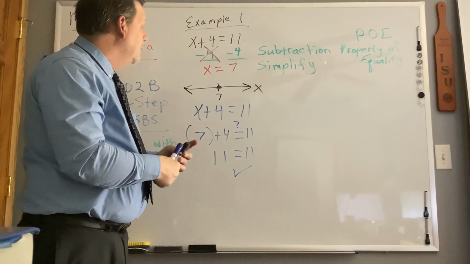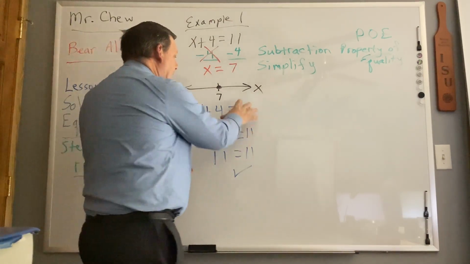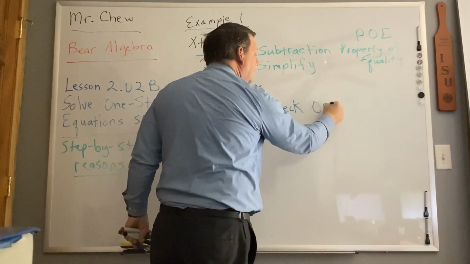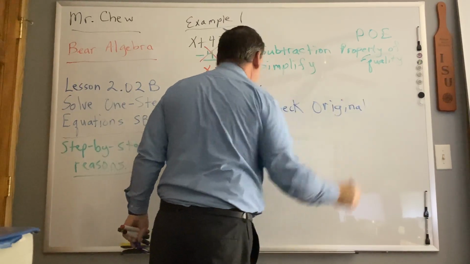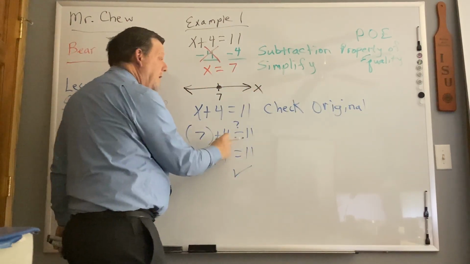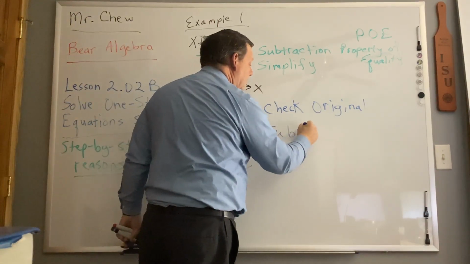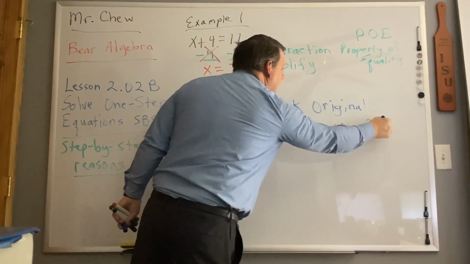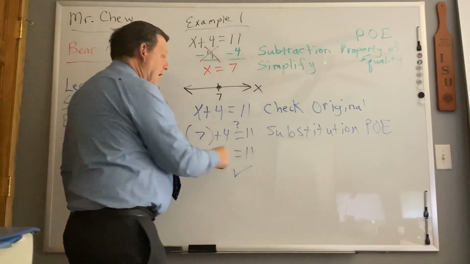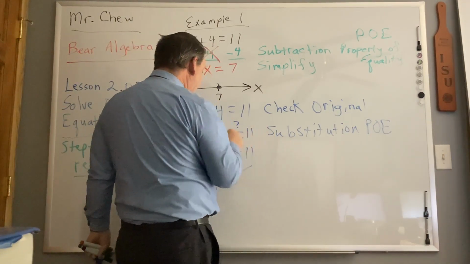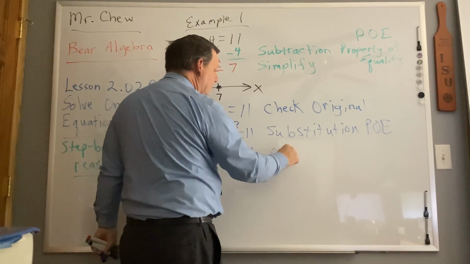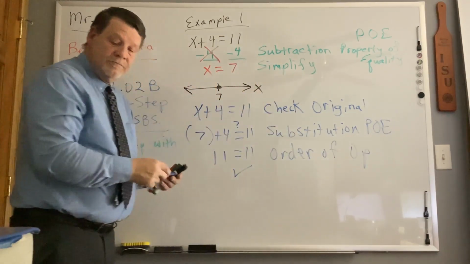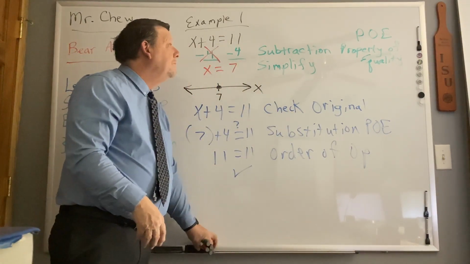All right, so this here is my check, the original, and then this is the substitution property of equality, and then we do the order of operations, and it does equal. All right, so that was the first example.